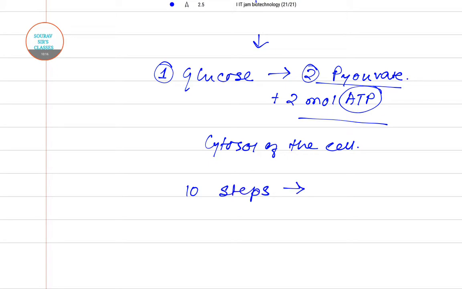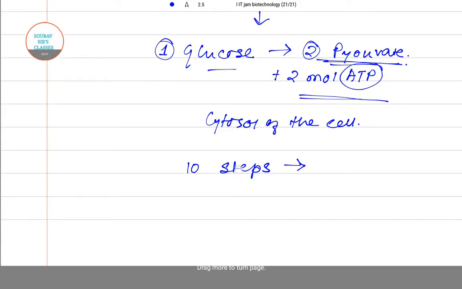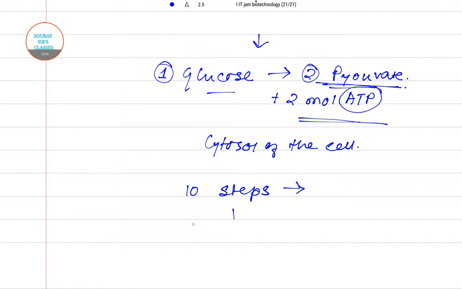In this 10-step process, 6-carbon glucose breaks down into different molecules, and then 2 molecules of 3-carbon pyruvate form. These 10 steps are divided into 2 phases.